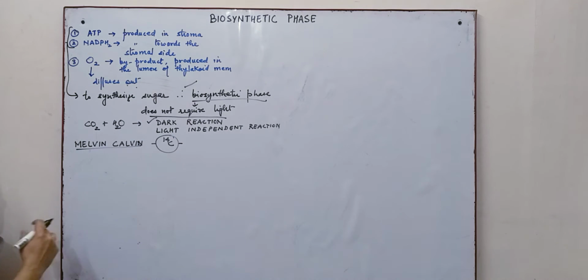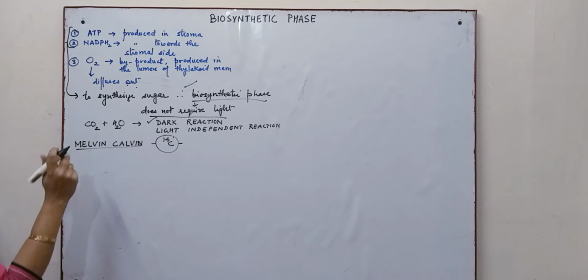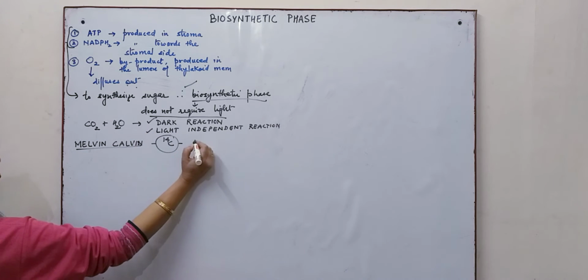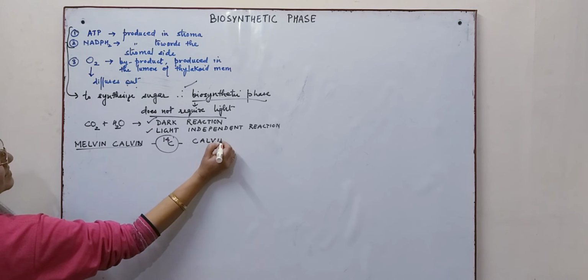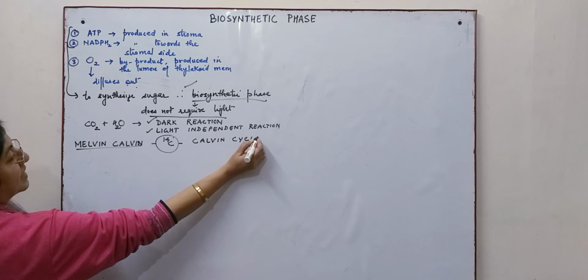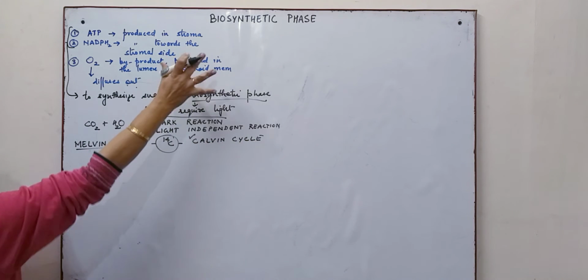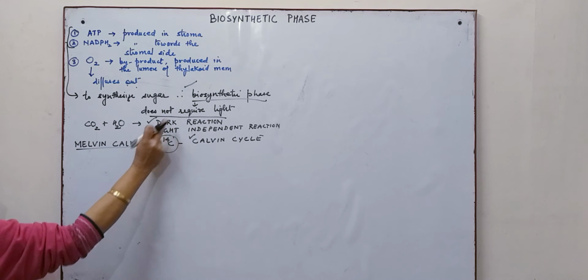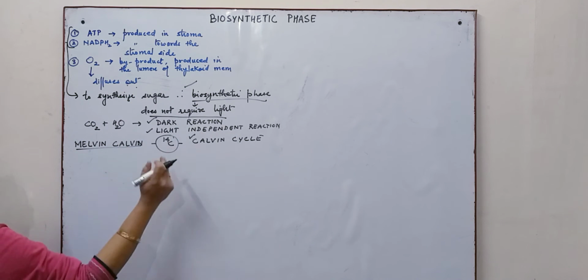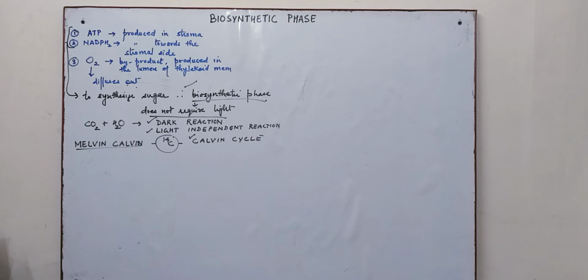He used green algae and carbon 14 to trace the pathway, which led to the knowledge of the complete biosynthetic pathway, and therefore this cycle is also called the Calvin cycle. So we have various names: biosynthetic phase, the dark reaction, the light independent reaction, or the Calvin cycle.